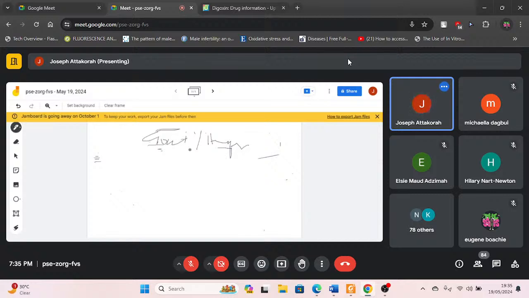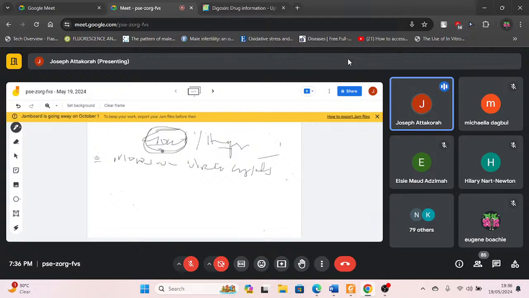Uric acid. Gout is a common inflammatory joint disease caused by deposition of monosodium urate crystals within the joints and soft tissues.